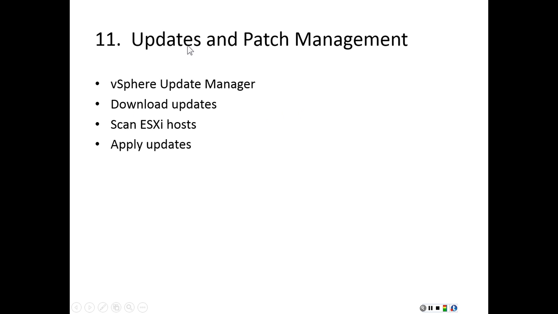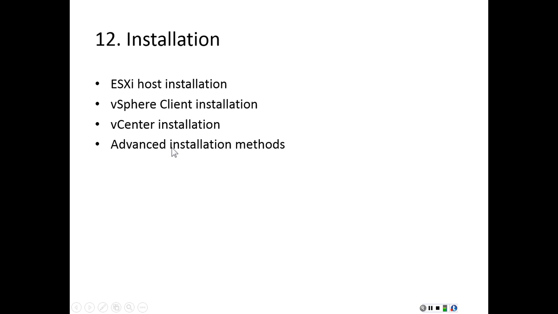Chapter 11, Updates and Patch Management, is where we use the vSphere Update Manager to download updates from VMware's website to scan our ESXi host computers and then to apply those updates. Then Chapter 12, we look at installation: installation of the ESXi host computers, installation of the vSphere client, and installation of vCenter server.